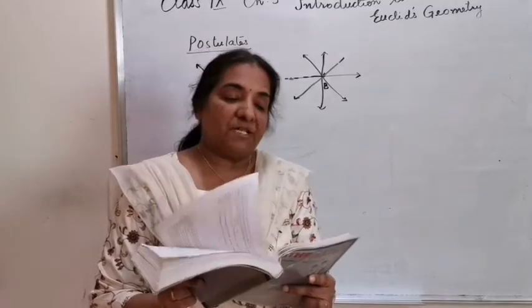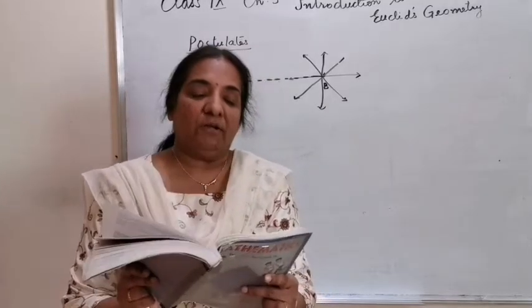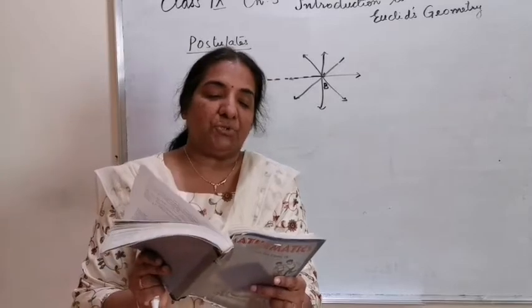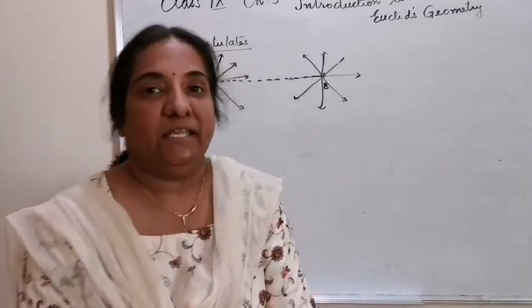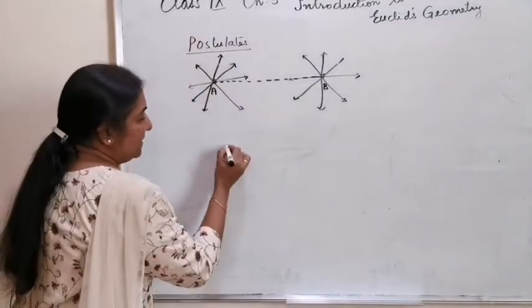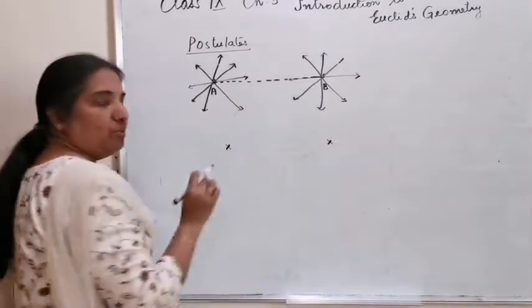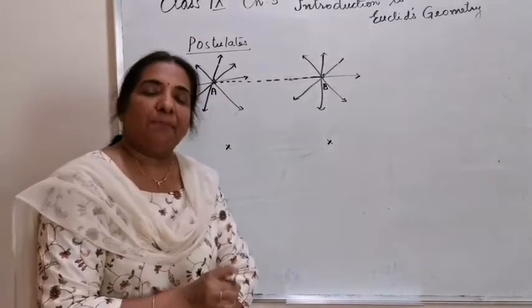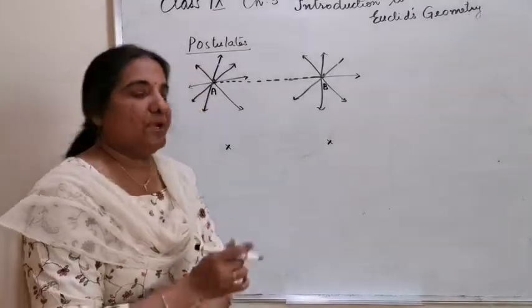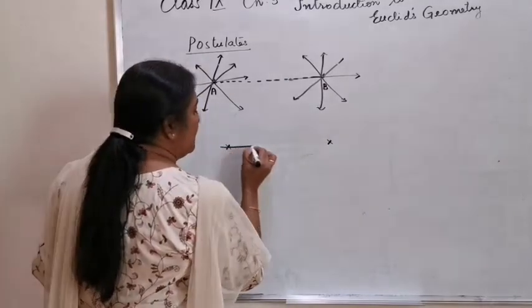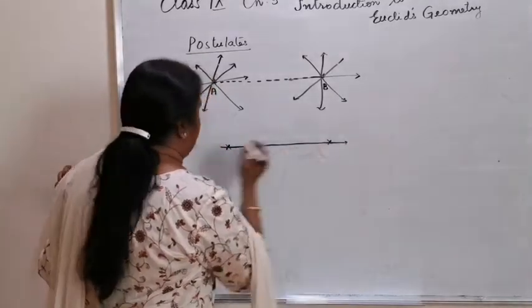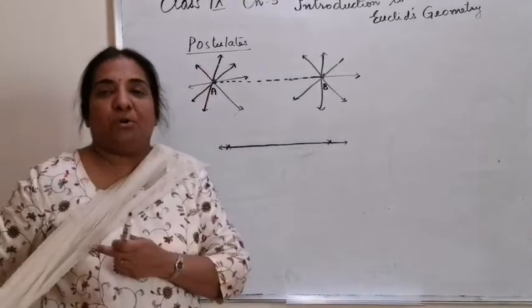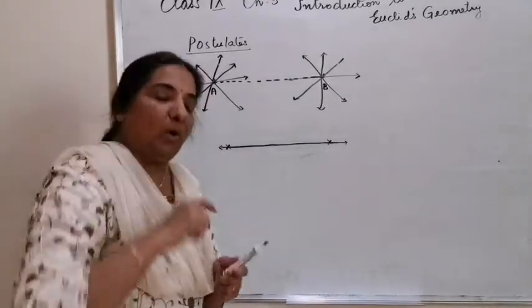If 2 points are given and you want a line passing through both the points, there is only one line possible. That is the first postulate, postulate 1.